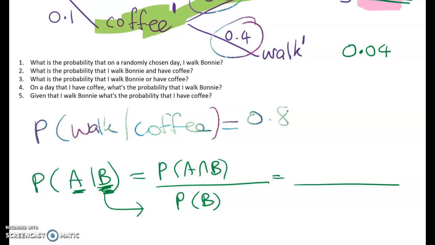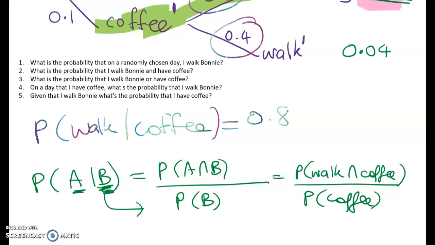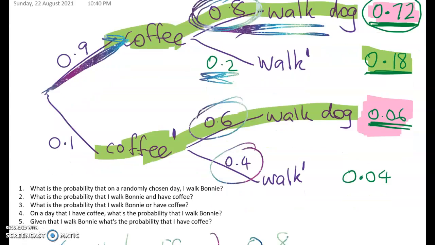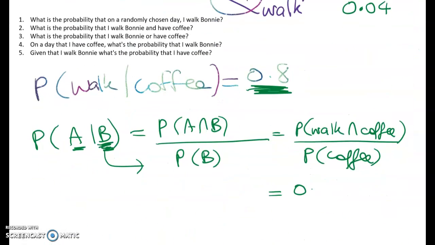In this case, it's like saying, tell me the probability that I drink coffee, and then tell me the probability that I both walk the dog and drink coffee. As I said, you can read this one straight off the tree diagram, but we could easily see that it fits our formula, right? So we've got 0.72 here, which is the probability of walk and coffee, and the probability of coffee is 0.9.